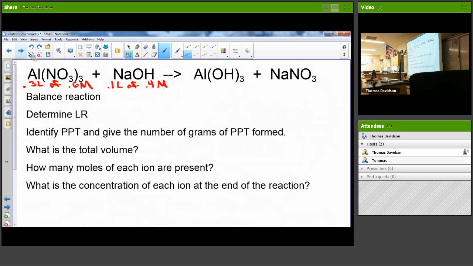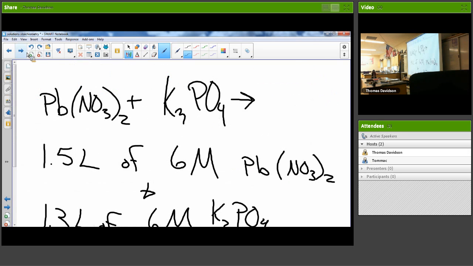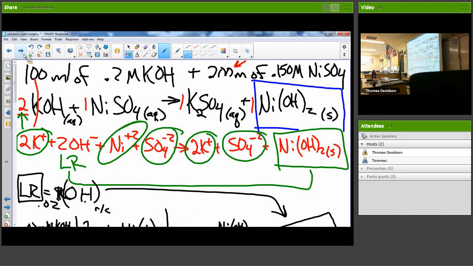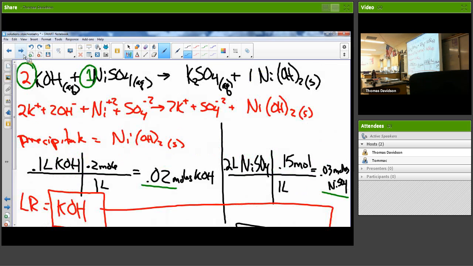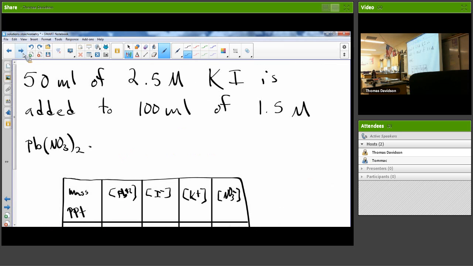There's plenty more of these to do. This one sucks, so I'm not going to make you do that one. How about this one on the test? The one on the test, all I remember is it has silver in it. Which is what charge? +1. How about this one?